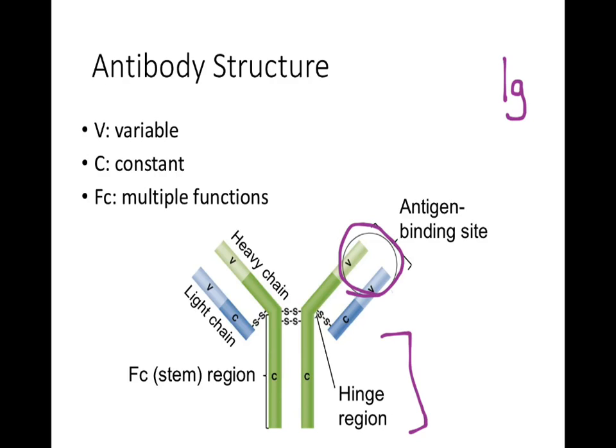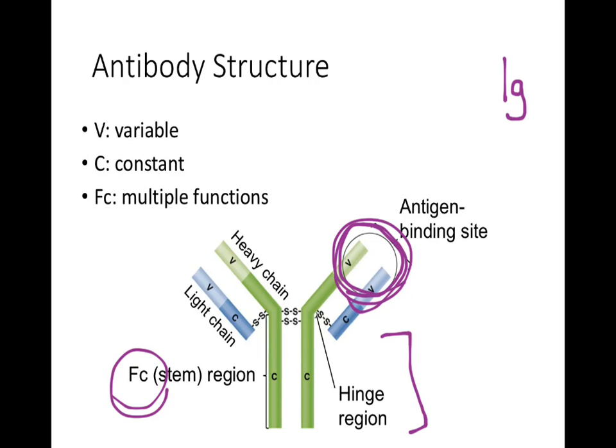This constant region is also known as the Fc region. The reason why I bring this up is because we'll talk in a few minutes about what's known as an Fc receptor, or an FcR, and the importance of that in binding to this region. So the main takeaway points: here's where an antigen binds.